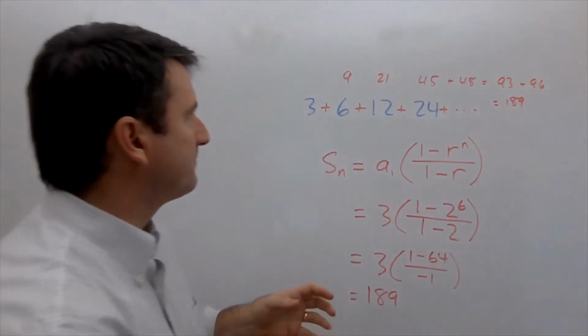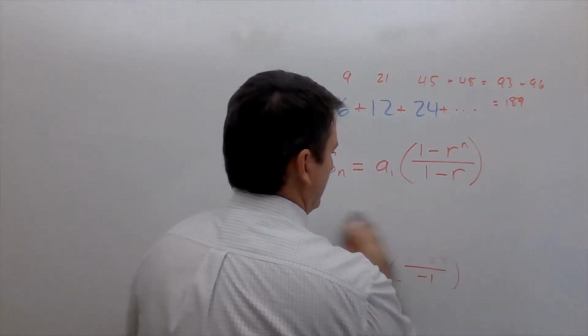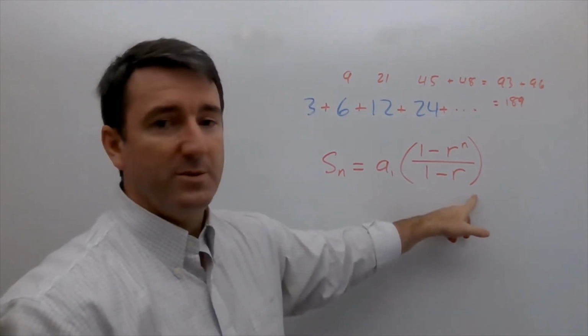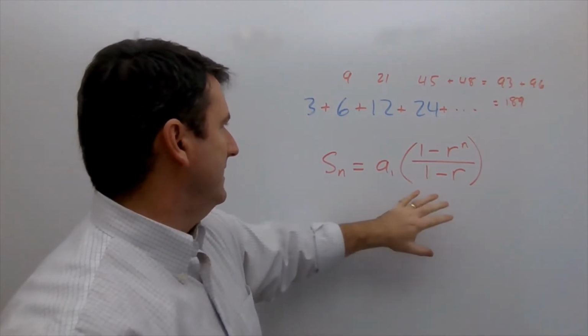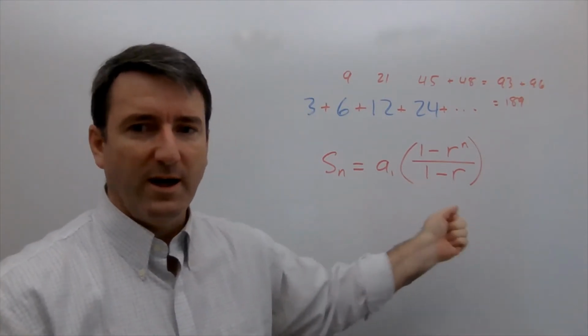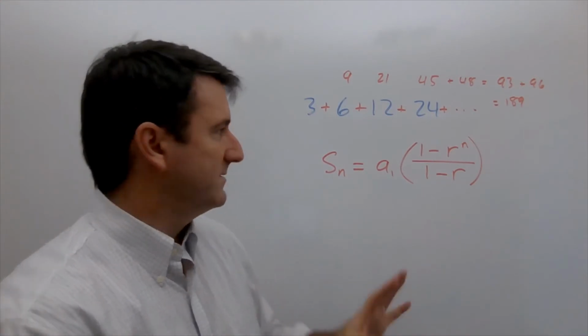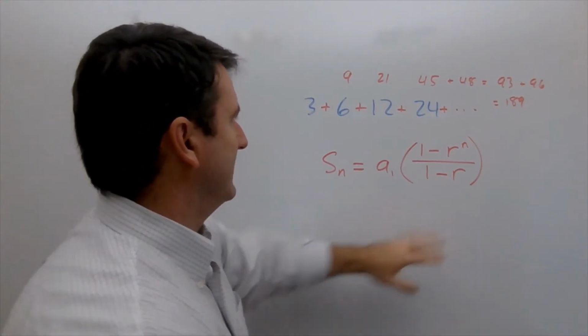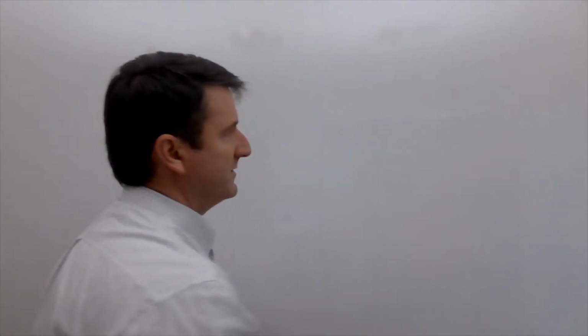All right, so this checks out. So this is the formula right here that we're going to use to sum geometric series. Now, there's another formula, but we really don't need that formula to do this week's homework, and so I'm just going to leave it off for right now. This is the formula that we're going to use.